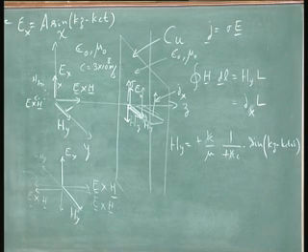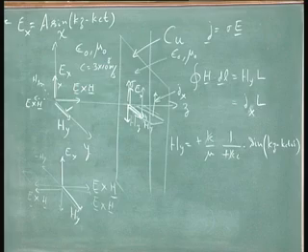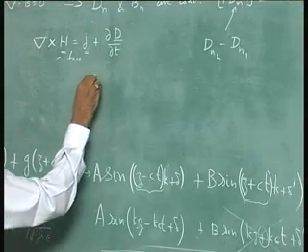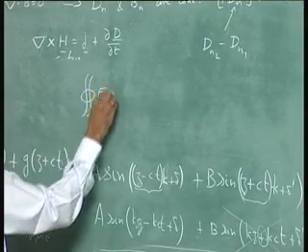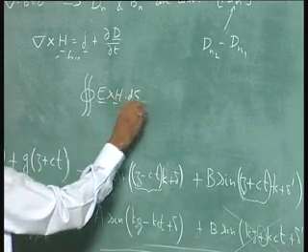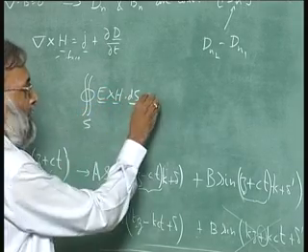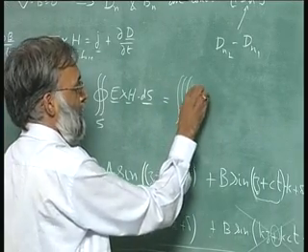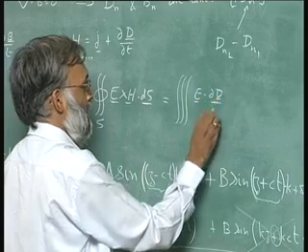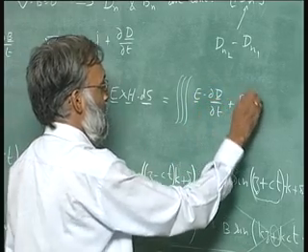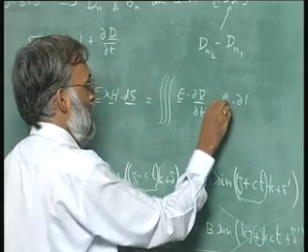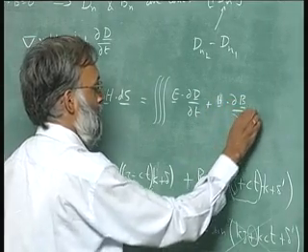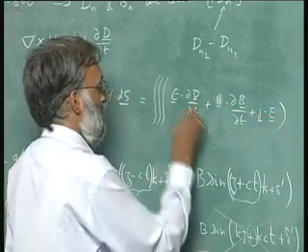Now let us look at that. Where did the energy go? I have my Poynting theorem. My Poynting theorem said the surface integral of E cross H dot ds over a surface is equal to the volume integral of basically E dot del D del t plus B dot H dot del B del t plus J dot E dV.